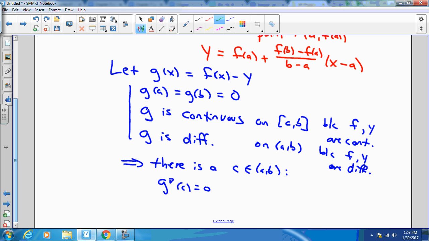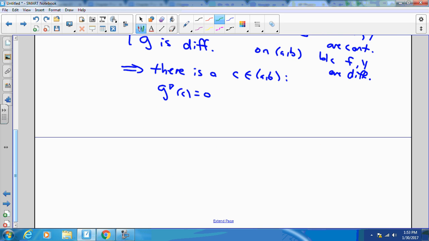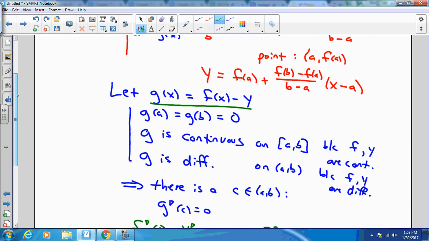So what does it mean to say that g prime of c is equal to 0? Well, let's actually drill down into the details. Since g is f minus y, we're saying f prime of c minus y prime is equal to 0. Or in other words, f prime of c is equal to y prime. But what is y prime? y prime is the derivative of this big old line right here.